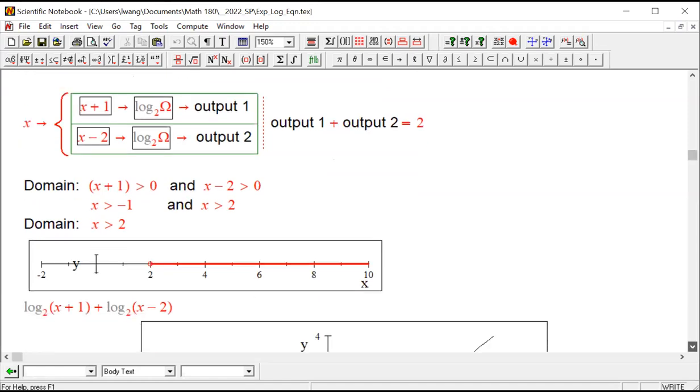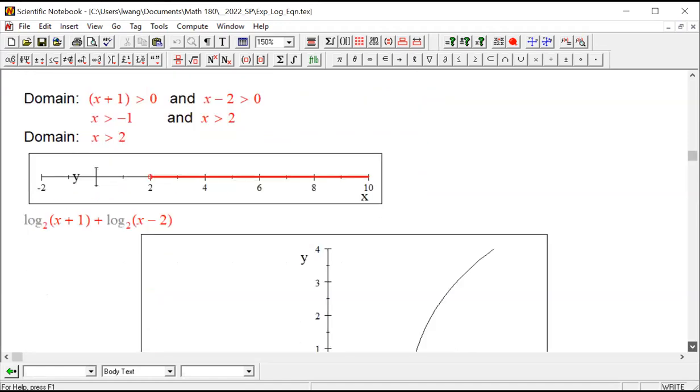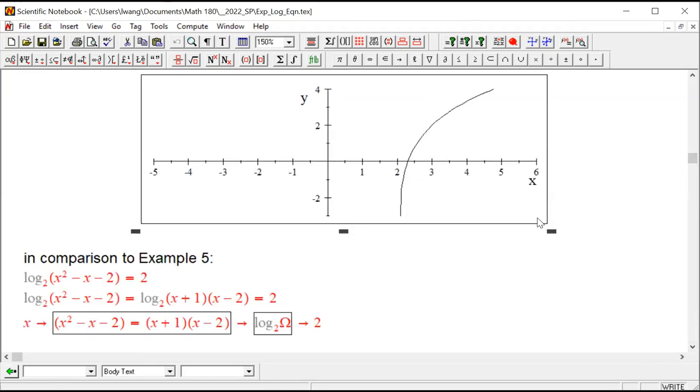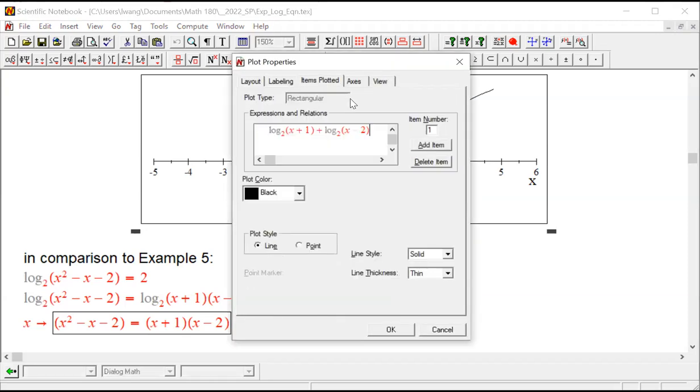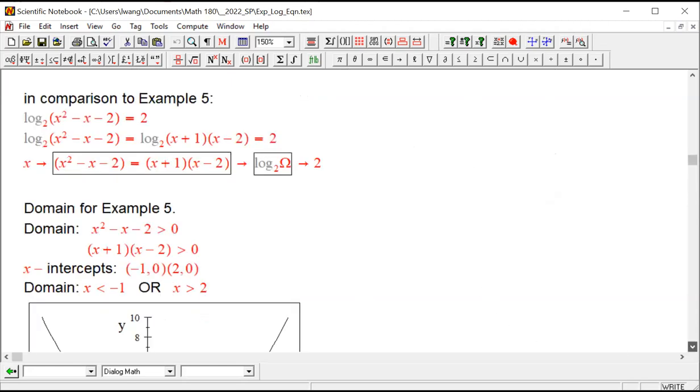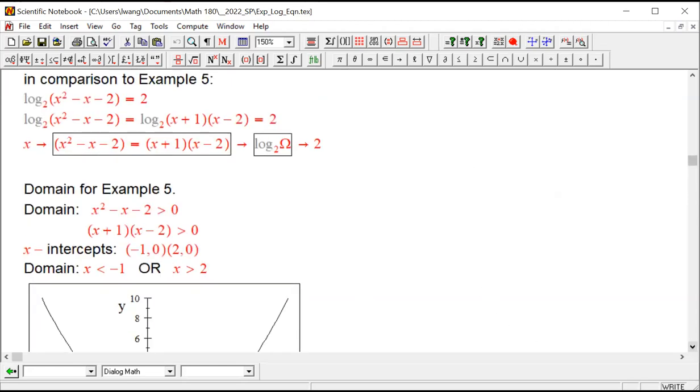Okay, so I'm going to put this side by side for comparison. This is very important to understand. So these are the pieces, right? This has only one piece.